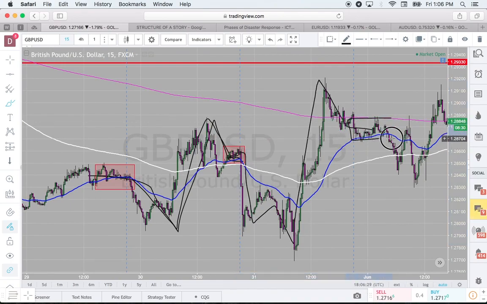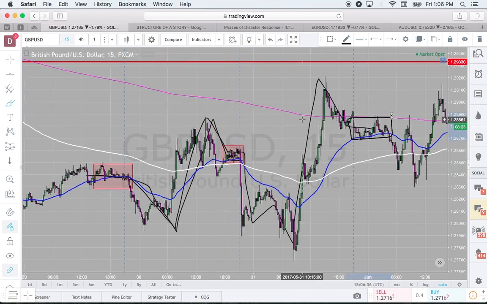It's the same variation, it's the same pattern, just a different variation of the pattern.